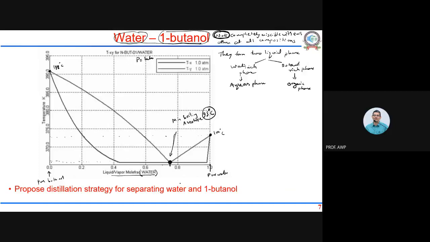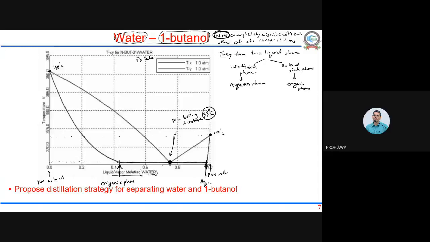Now you see this horizontal line. That means if my composition is anywhere between this composition and this composition, it splits into two phases. The organic phase would have this composition and the aqueous phase would have this composition.